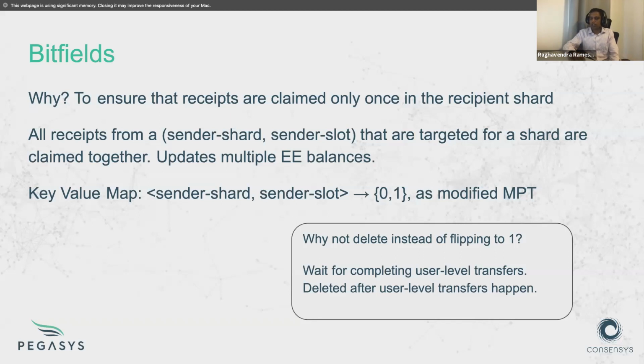When the receipt is processed, it is done, so one can delete the entry. The idea here, just to recall, is that this is illustrating only the EE level transfer, and the user level transfers are still pending, so that the user level transfer can happen in the subsequent slots. That's why this only shows that the EE level transfer is complete. And once the user level transfer is also complete, this can be kicked out.